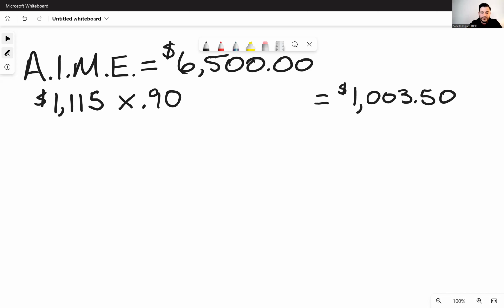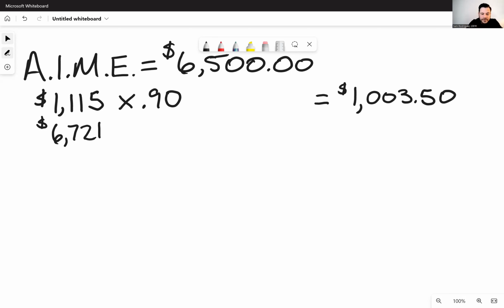Our next bend point is that $6,721. What you have to look at now is whether your AIME is higher or lower than $6,721. Now we can see for today's purposes that 6,500 is lower than 6,721.